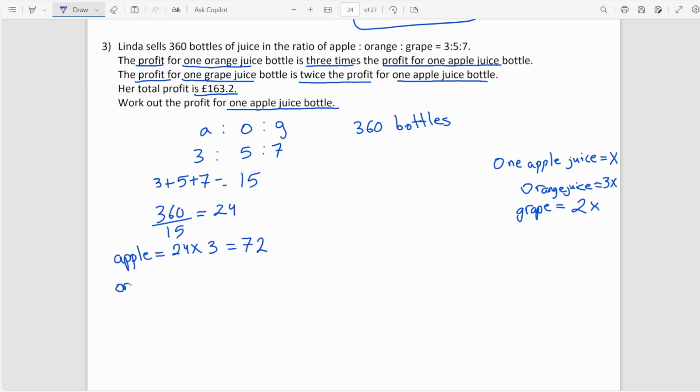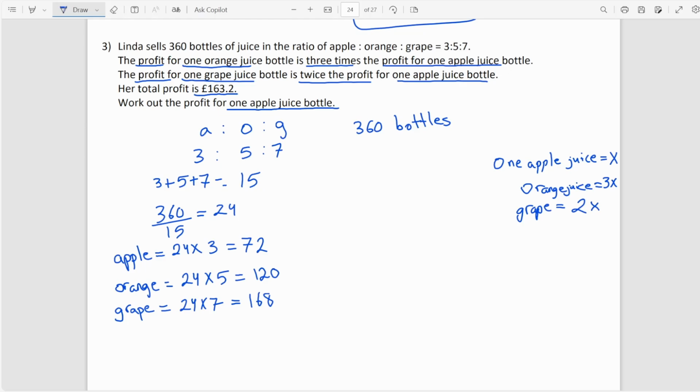And for the orange, it's 24 times 5, and we get 120. And for the grape, it's 24 times 7 parts, and we get 168.